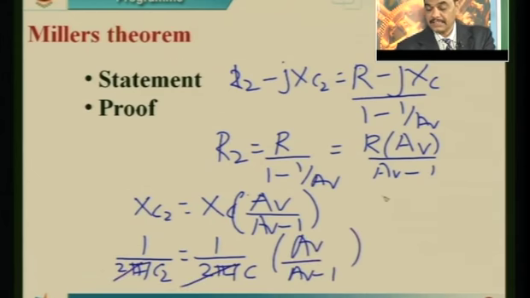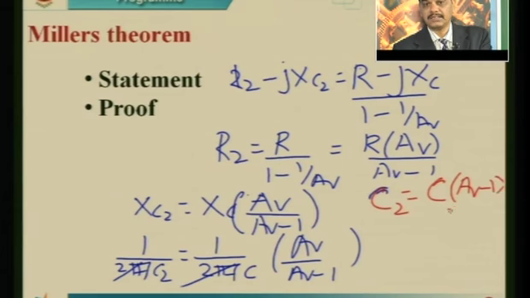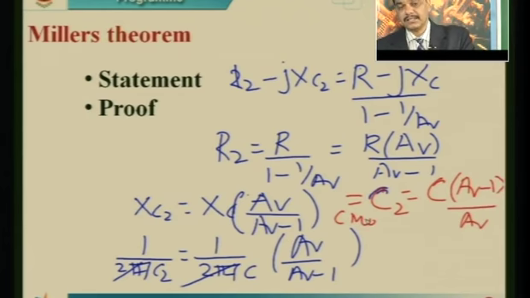Cross multiplying, the Miller's effect capacitance C2 is given by C2 is equal to C into Av minus 1 divided by Av. This is also defined as CMo, the Miller's output capacitance at the output terminal. Hence, we can replace a floating impedance with its equivalent impedances at the input side and output side, and they are given by these expressions.